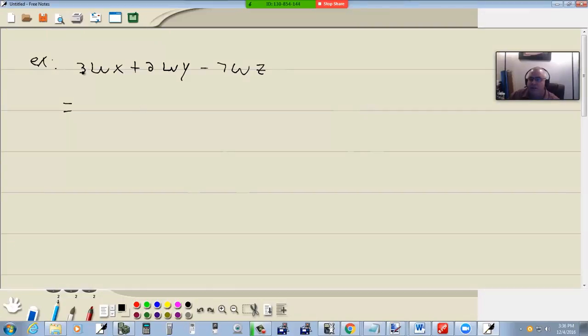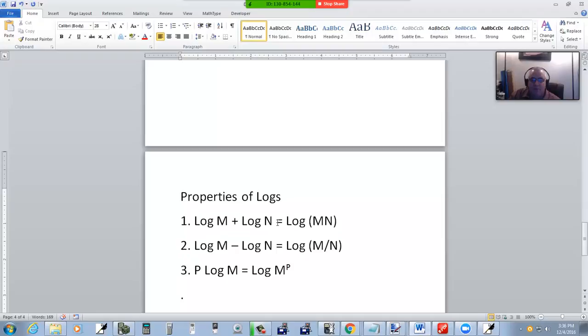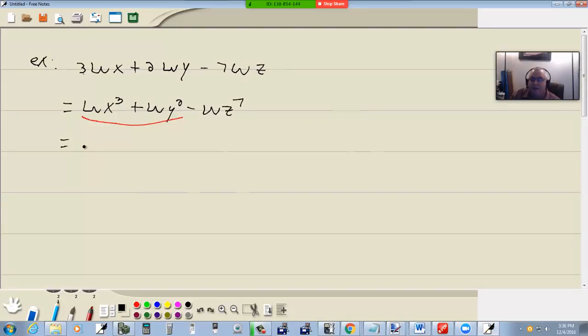So we said we can't have any numbers in front of the logs. But our third property says we can take a number that's in front of a log and put it as our power. So I can rewrite this as natural log of x to the third plus natural log of y squared minus natural log of z to the 7th. Now at that point we'll handle it from left to right. So I look at these first two logs, and we got log of something plus log of something. Well, that's property 1. Addition becomes multiplication.